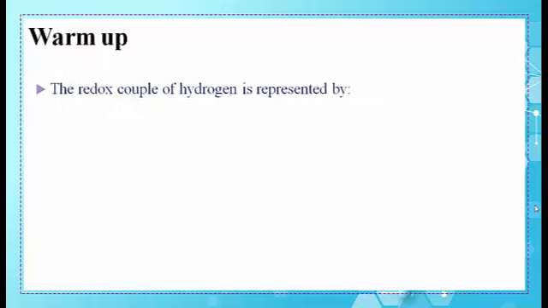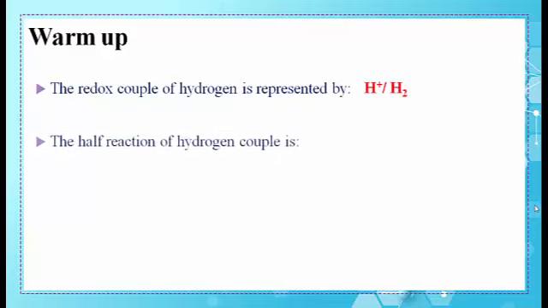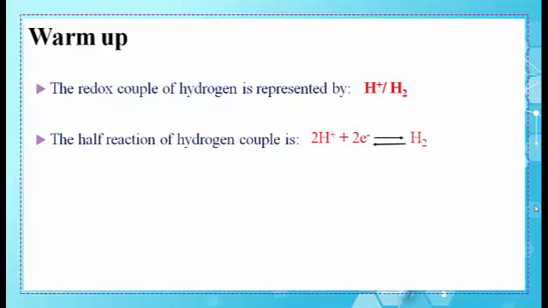Let's remember what we talked about in the last period. We said that the redox couple of hydrogen is represented by H plus H2. We also said that the half reaction of the hydrogen couple is 2H plus 2 electrons give H2, or H2 gives 2H plus 2 electrons.